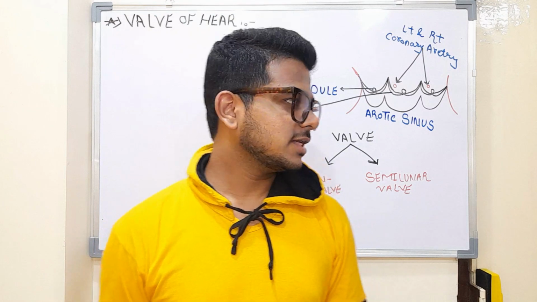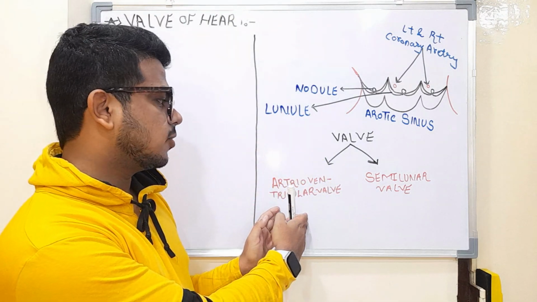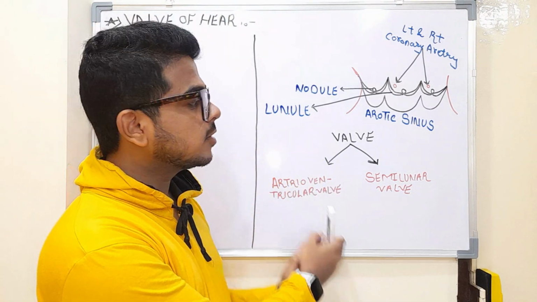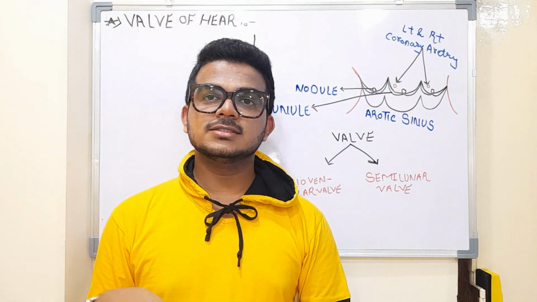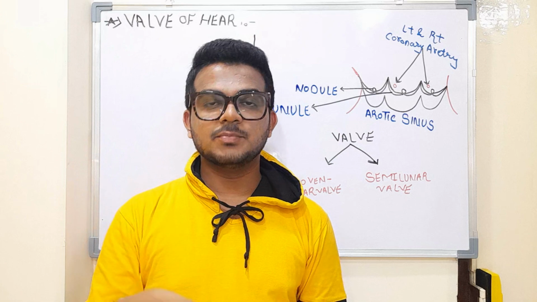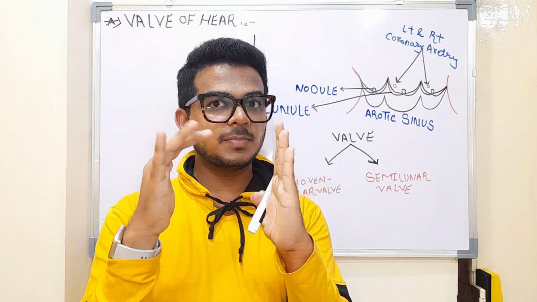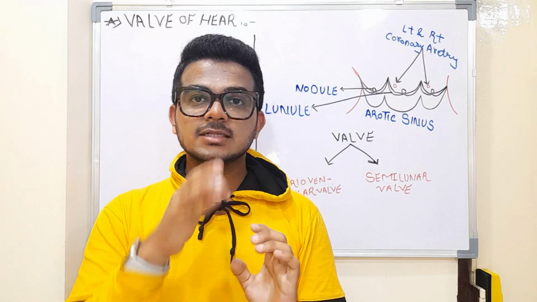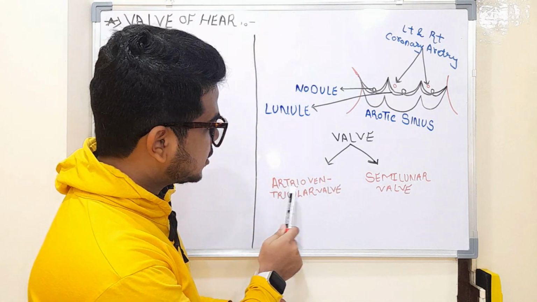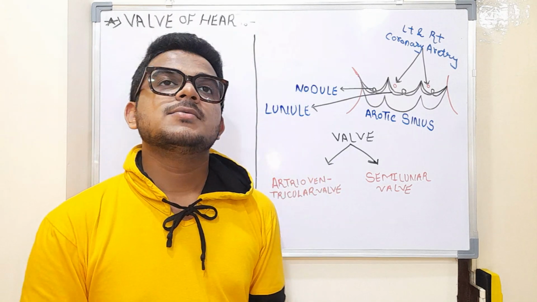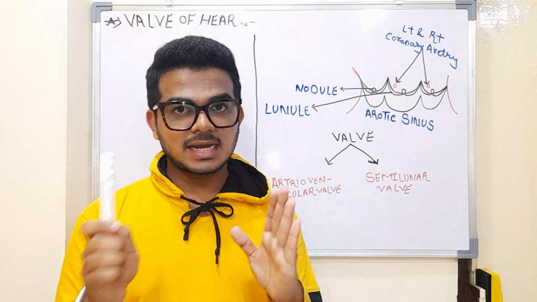So students, what is the difference between the atrioventricular valve and the semilunar valve? If you see the heart structure, there is the atrioventricular septum between the two upper atria and the two lower ventricles. Due to that septum, this valve is called the atrioventricular valve.